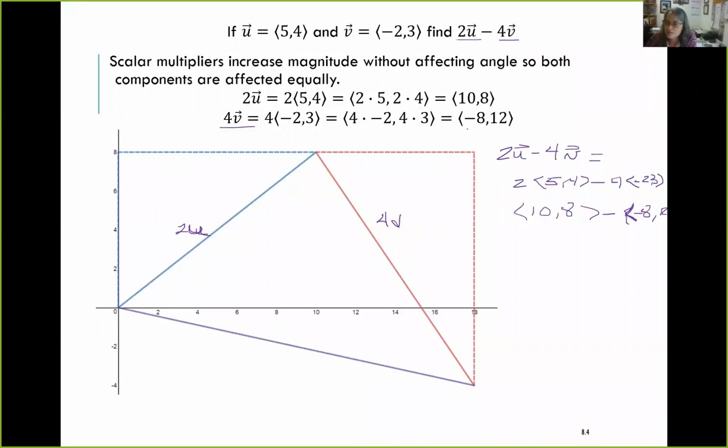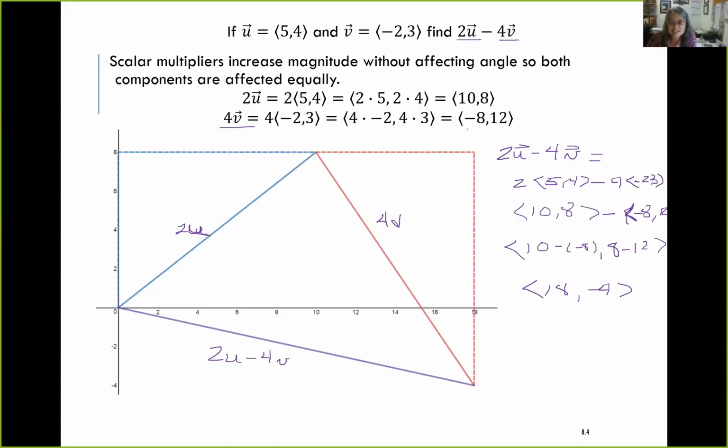Now, we just subtract our components. So 10 minus negative 8 is my x displacement, my horizontal displacement, and 8 minus 12 is my vertical displacement, or I get 18, negative 4. And that's actually what this purple vector is. This purple vector describes the vector that is 2u minus 4v.